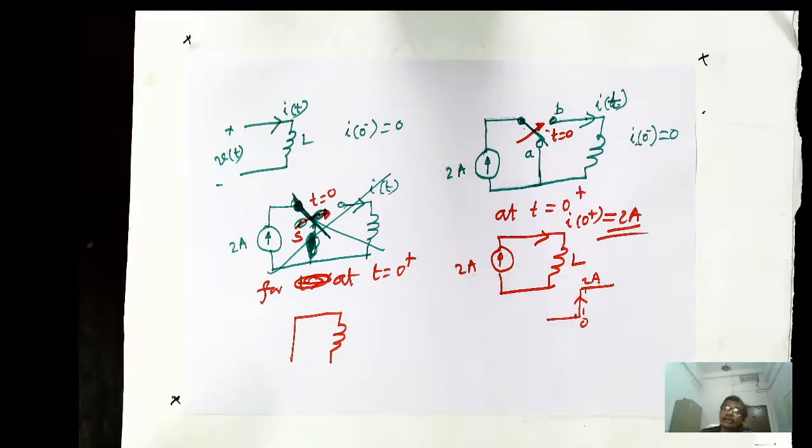That means the voltage across the inductor must have been an impulse voltage. A very large voltage with very small duration of time existing between 0 minus and 0 plus. Only such a thing can cause a sudden change in current in an inductor. So think about it before doing some mathematics, and physically, verbally, explain how things are happening.